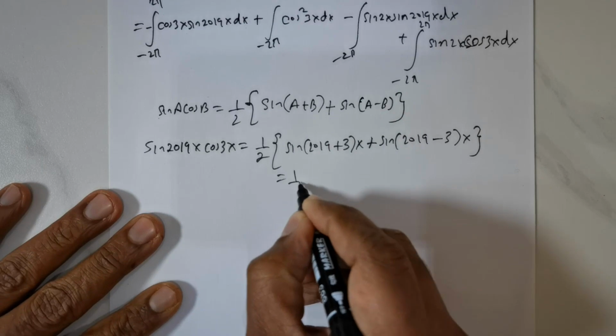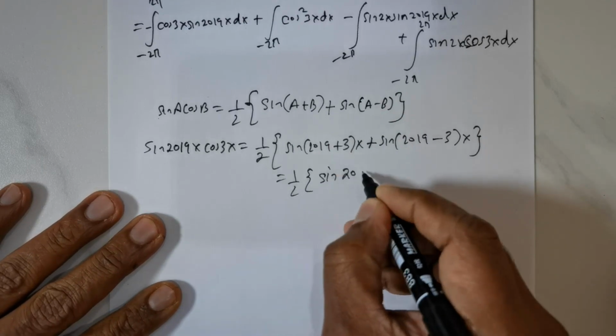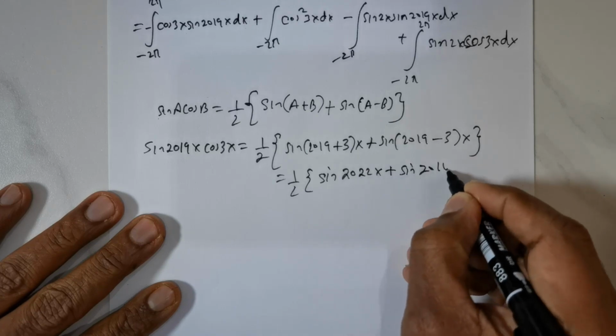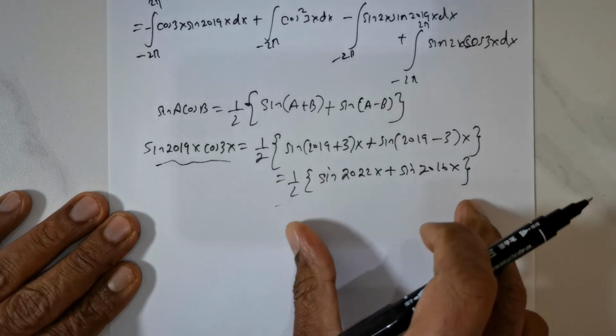So this is equal to 1 over 2 times sine 2022x plus sine 2016x. So in place of this I'm going to substitute this.